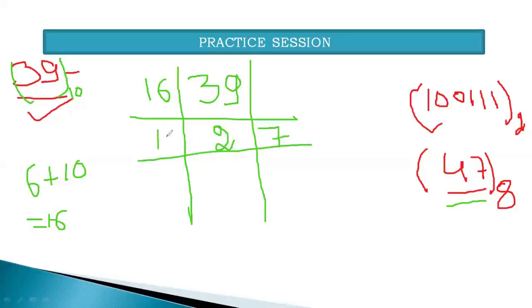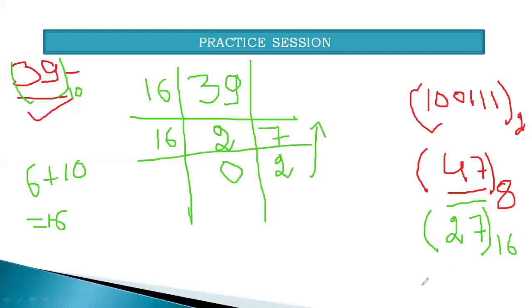Next, one more time, 16 divided into 2 gives 0 times, and the remainder will be 2. Just note it down from bottom to up, and the answer is 27 to the base 16. This is how a decimal number can be represented in the hexadecimal number system.